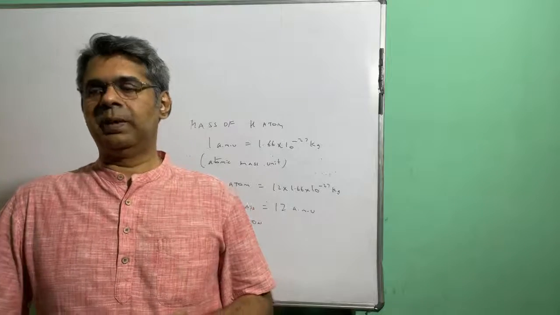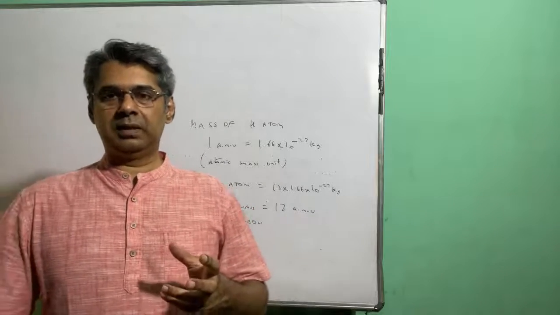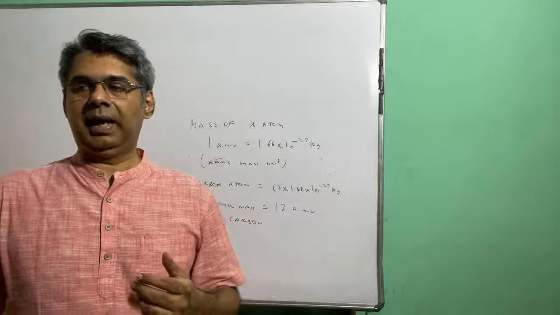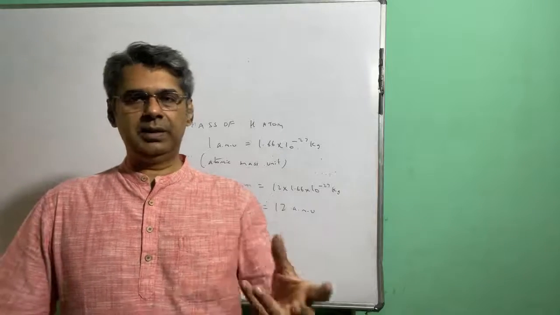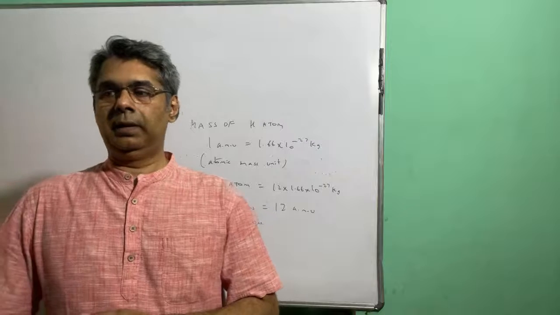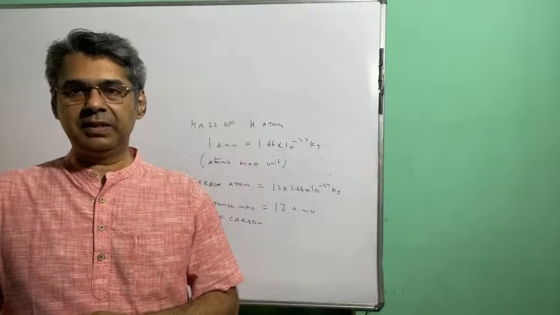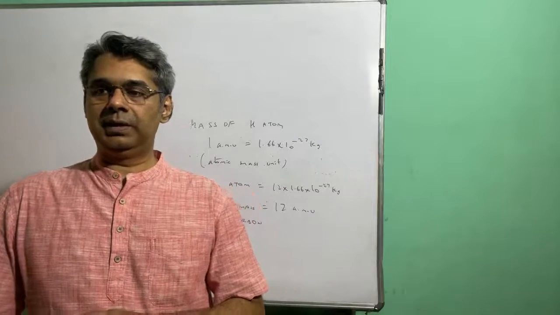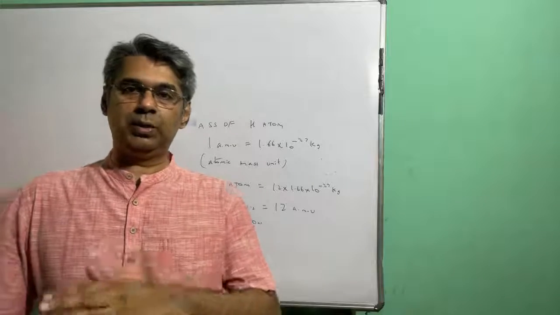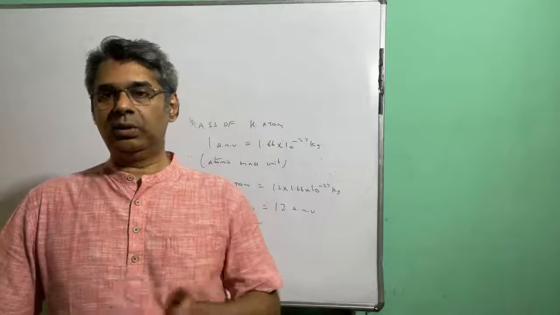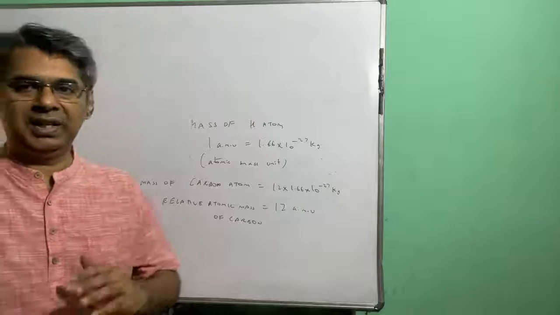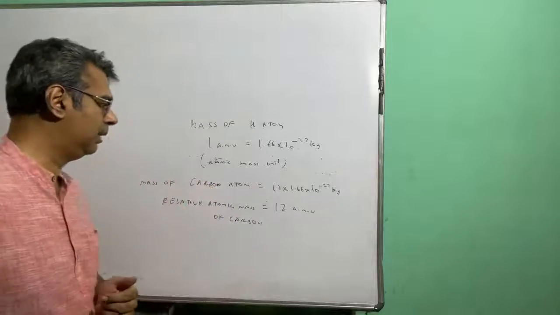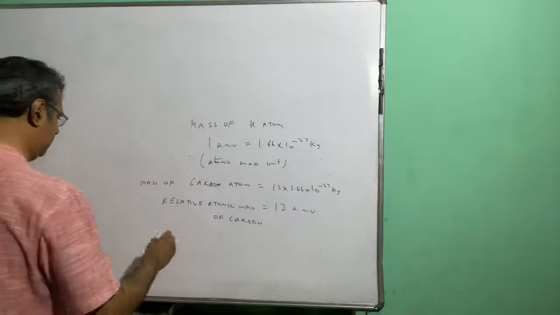So it's in the form of a molecule. Getting free hydrogen is next to impossible. But free carbon you will get in various forms. So carbon is relatively the most abundant and very easily available, and so the scientists decided that it is perhaps better to relate to carbon than to hydrogen.